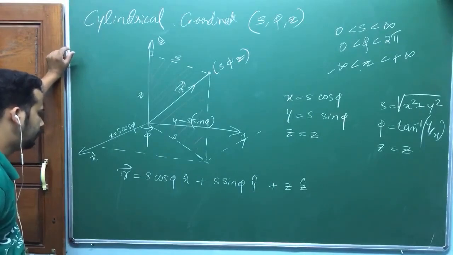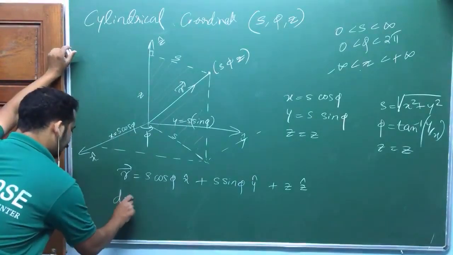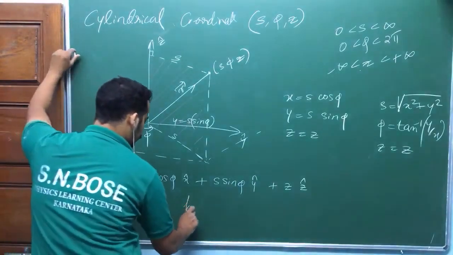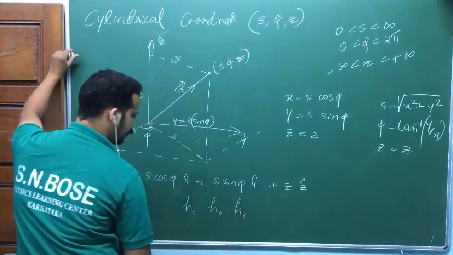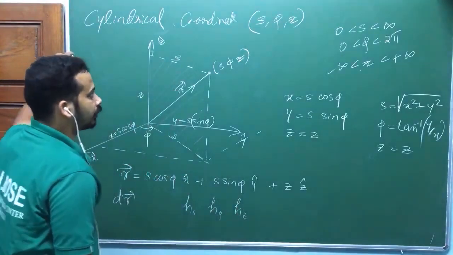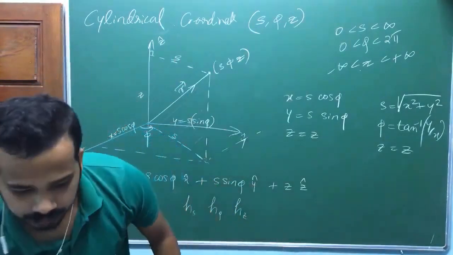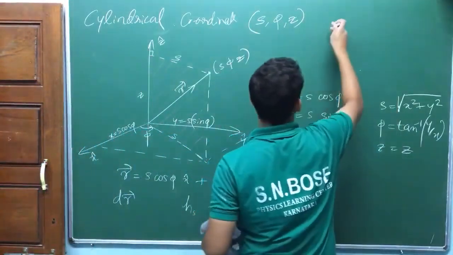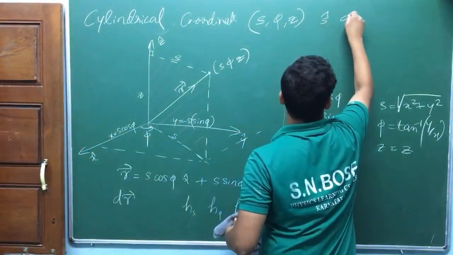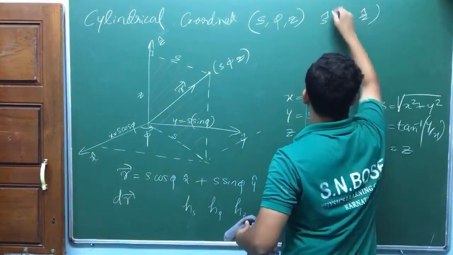Now start defining dr. Start defining hs, h phi, hz. Once you write these things, you have to define hs, h phi, hz also. S cap, phi cap, z cap are the unit vectors.